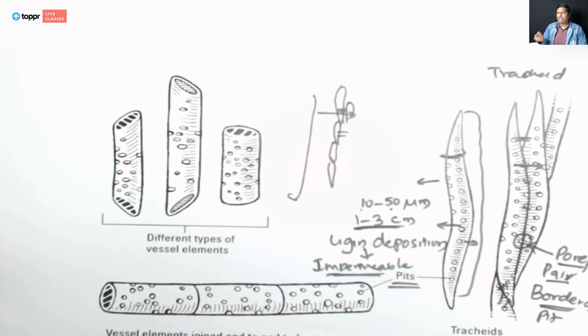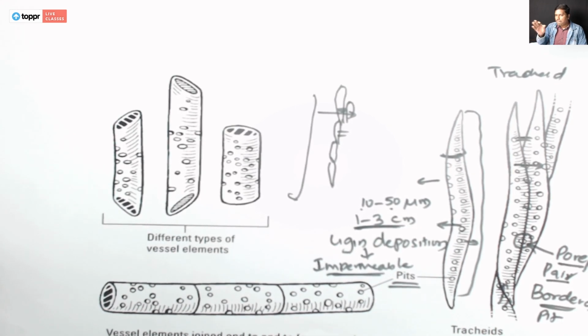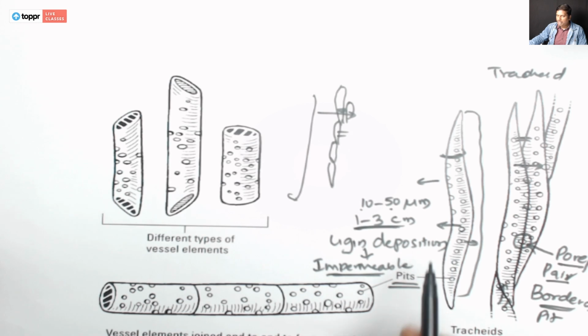They become like plastic pipes. The water will not diffuse through the walls. However, it can move through the pits. Usually in live cells you can see water moving from outside to inside through the walls, or from inside to outside.